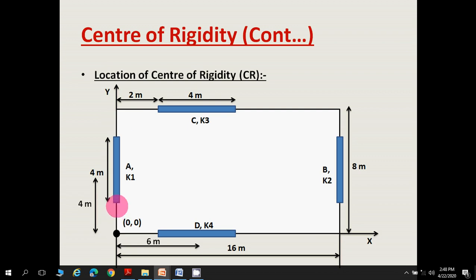So 2 meter at this distance and 4 by 2 is 2 meter, 2 plus 2 is 4 meter in the y direction. So y1 and y2 are both the same, 4 meter, and y3 will be equal to 8 meter because it is located at the farthest point of this floor plan in the y direction. So y3 will be equal to 8 meter and y4 will be equal to 0 because it is located at this point.